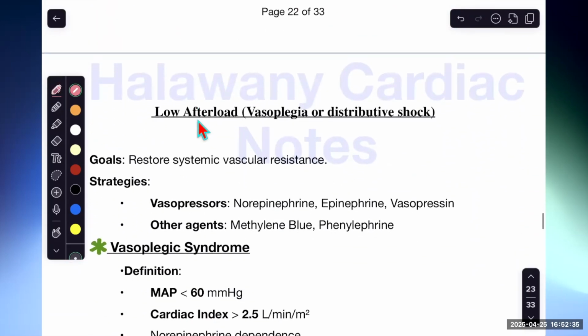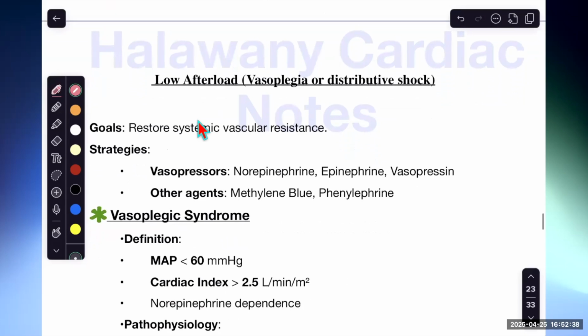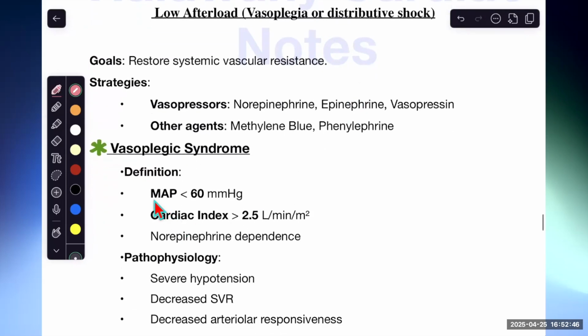Okay. Now there is also a syndrome we are facing post bypass: low afterload, vasoplegia. Okay. Vasoplegia is a syndrome. What is the definition? You have a low MAP, and the cardiac index is excellent. And when you give noradrenaline, the patient improves.